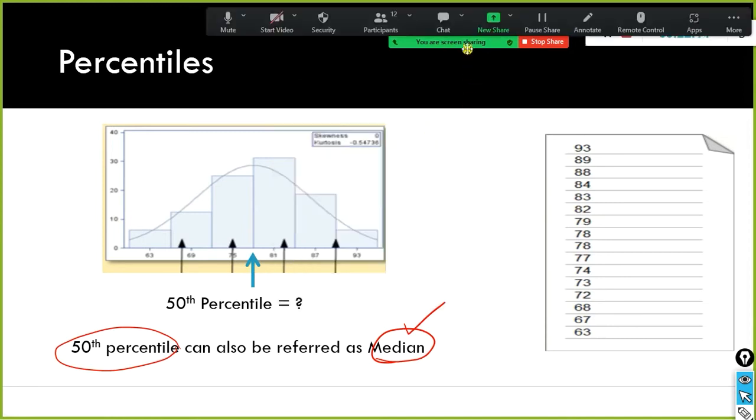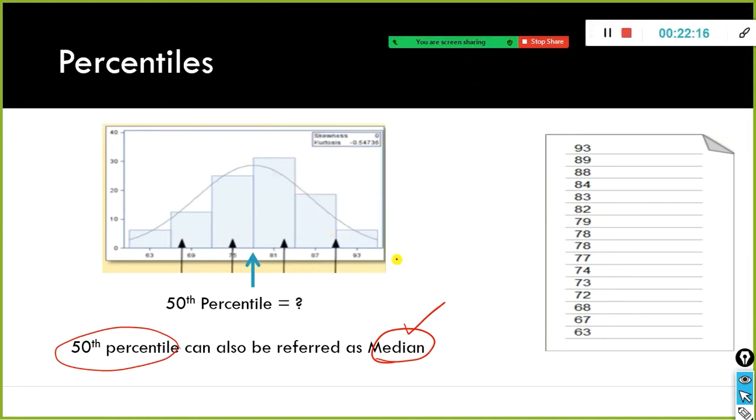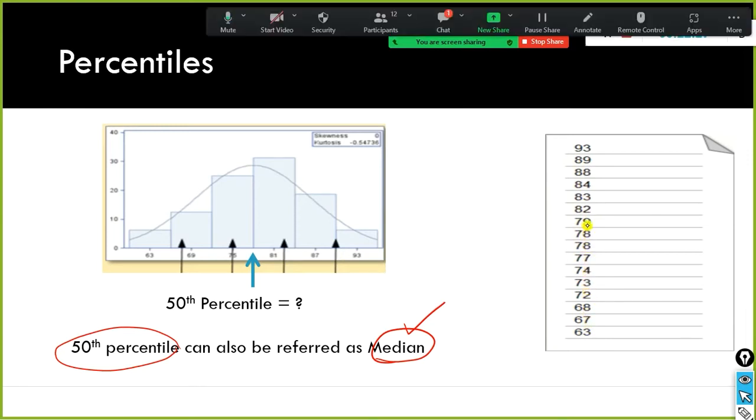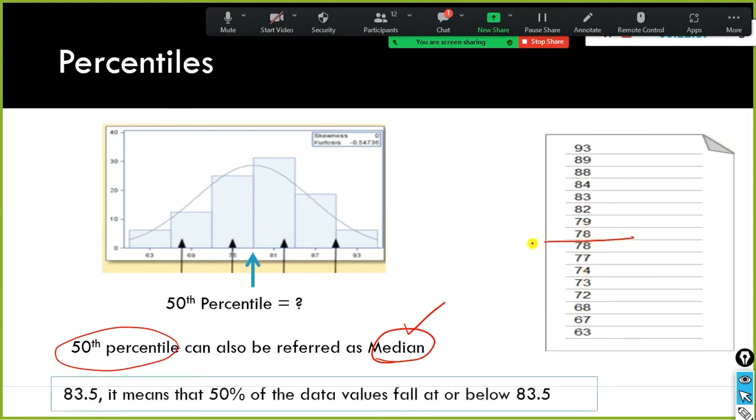78, is that correct? No, here we have 9, right? Yeah, correct. This is the one, the median, the middle one.